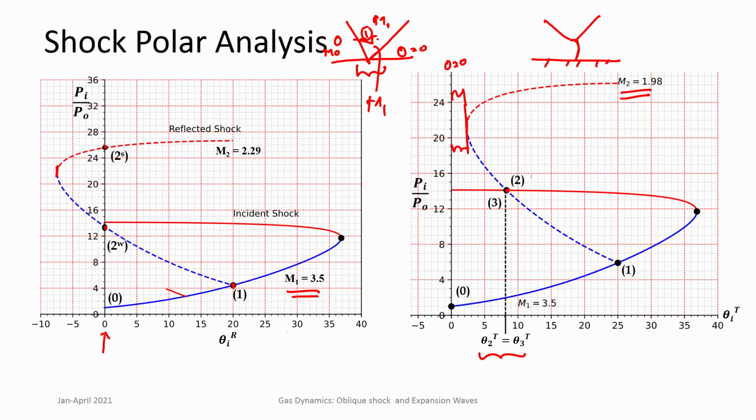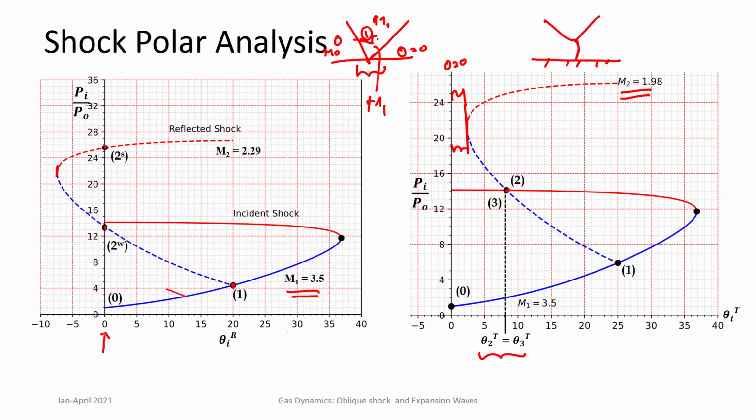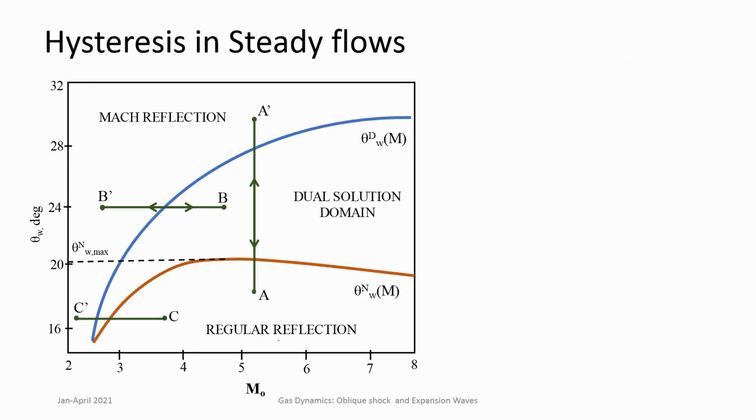Therefore, now the flow has to take another course and it takes the irregular reflection. This particular criterion is known as the maximum deflection criterion, but in literature one can find many different criteria. This is just a note, for people to think about that there are such problems in shock reflections, and it is interesting to look at this nonlinear behavior of shock reflections.